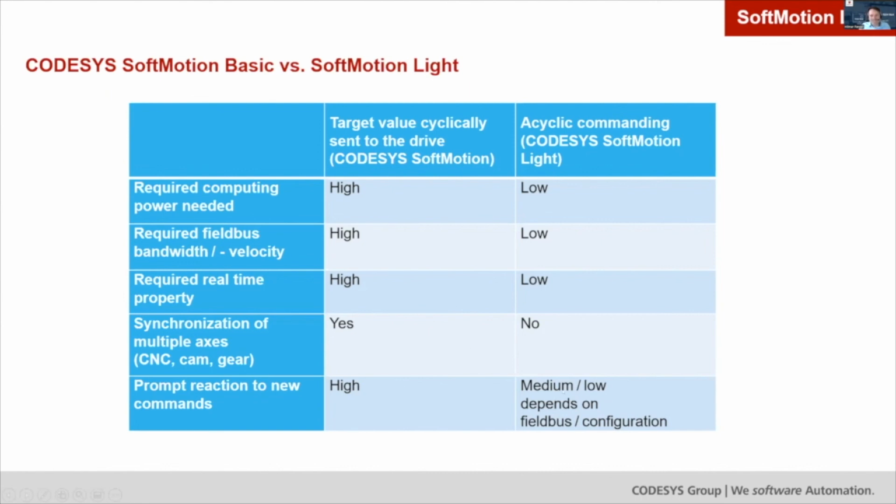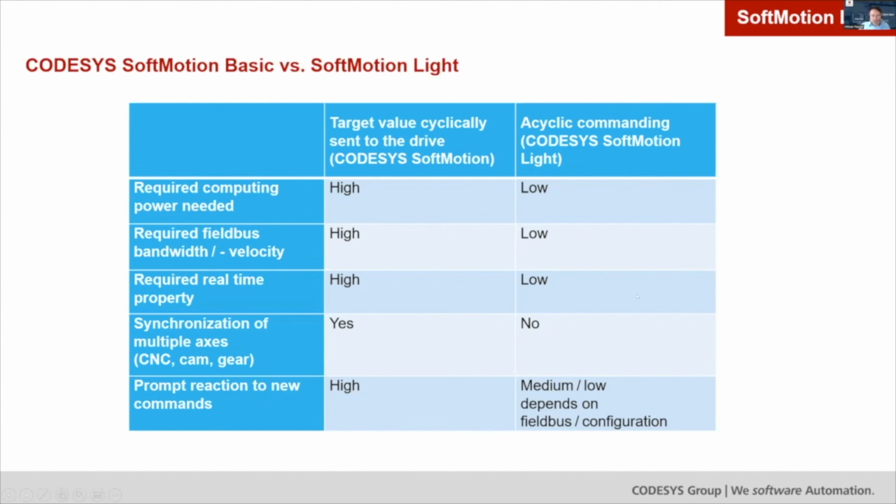Sorry. So the SoftMotion Lite is made for another field of application where you have really very simple movements that don't have to be synchronized, and where it's not important if you react very quickly.